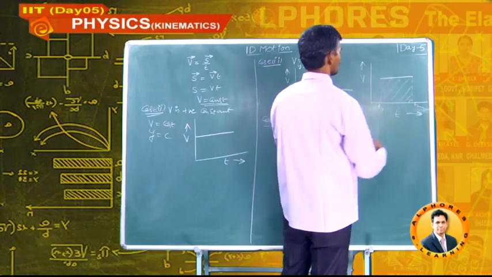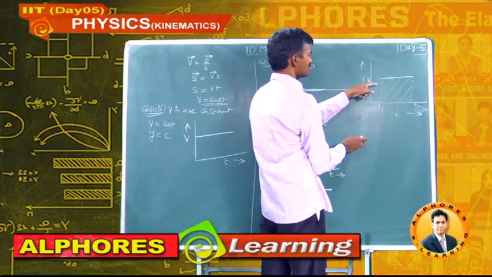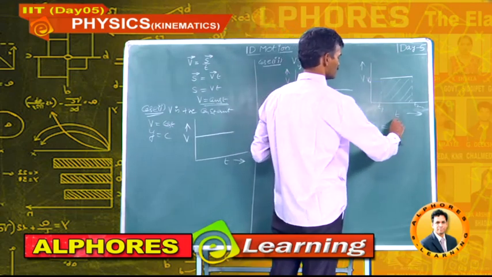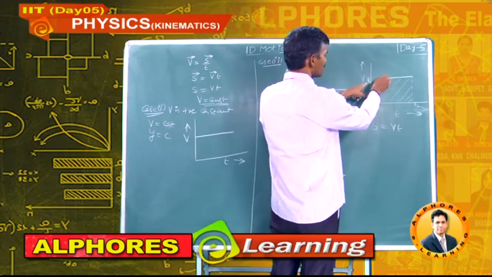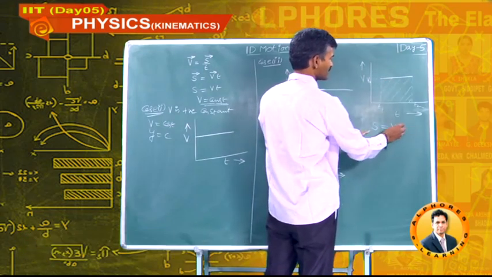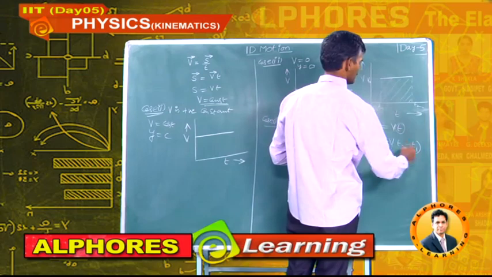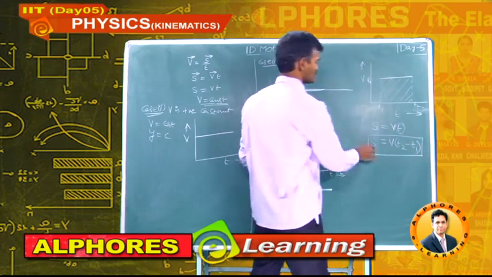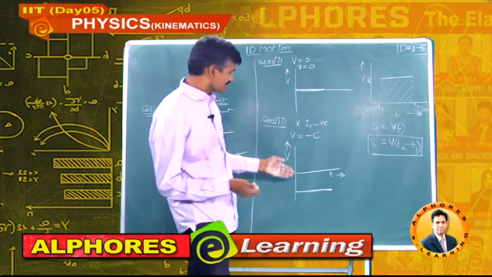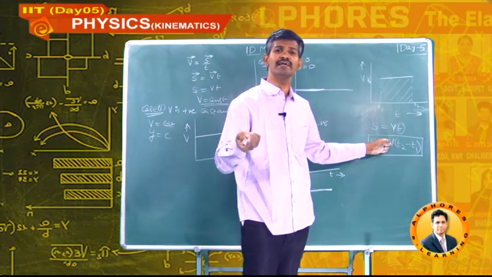This is time axis. This is some v or v naught. Displacement of the body, s is equal to v into t, where t is t2 minus t1. This gives the displacement of the body. Okay. What happens if velocity is negative, then you will get negative area, then displacement will be negative.